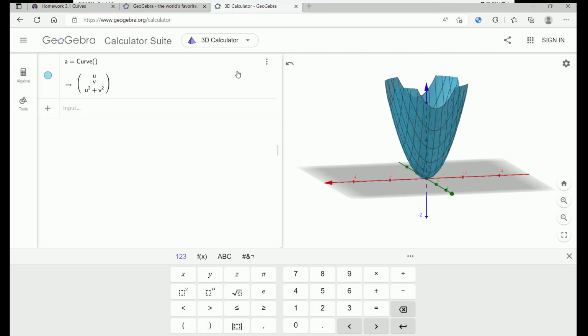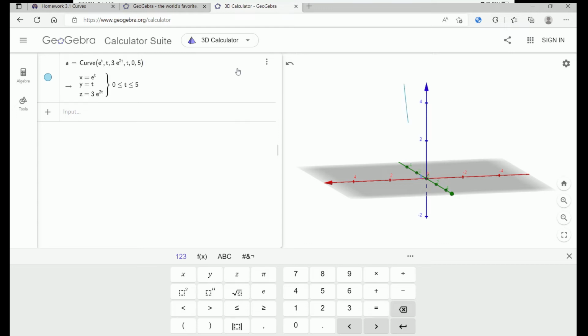So on the one that we just did, it was e to the t was x, t was y, 3e to the 2t was z, and our parameter is t, and then what are our bounds for t? Well, we don't really know. Let's just go 0 and, I don't know, 5. Oops, need some commas here. T, comma, 0, comma, 5. And let's just plot it and see what it looks like.